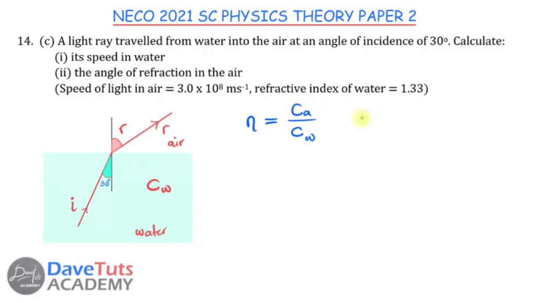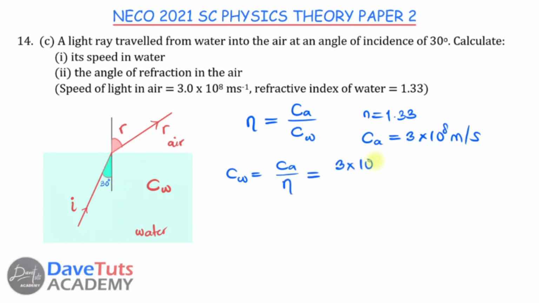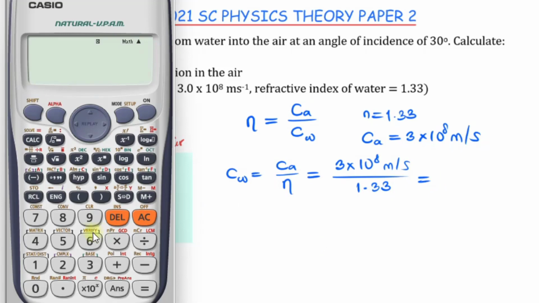Since we have been given n to be 1.33, and the speed of that light ray in air to be 3 times 10 to the power 8 meters per second, we can find the speed in water to be the speed in air over that refractive index. So that will be 3 times 10 raised to the power 8 meters per second divided by 1.33.